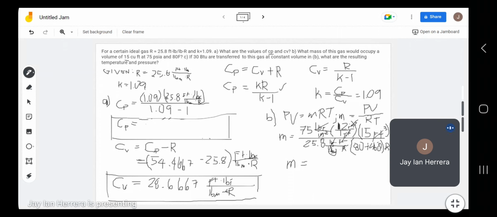So ganito dapat: 1.09 numerator multiplied by 25.8. So CP for letter A should be 312.47 foot-pound force per pound mass degree Rankine.